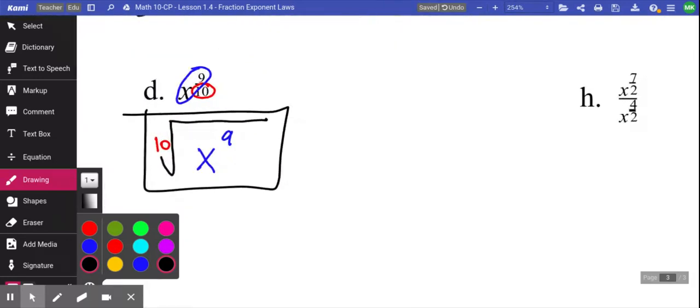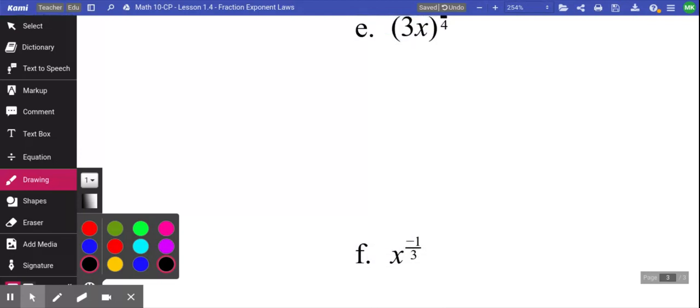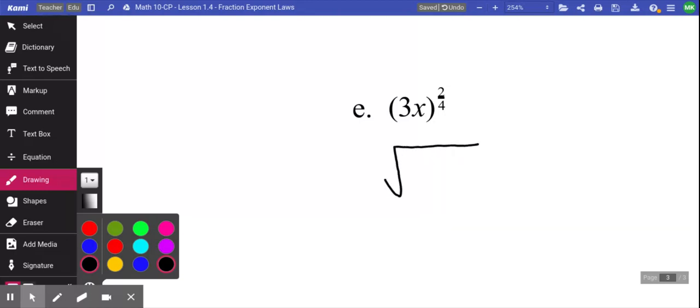If we look up here at E, this is when it starts to get pretty tricky. So I'm looking at that thing. The entire power now has a fraction exponent. So that means this entire thing is going to go under the root sign. The 4 becomes the index. The rest of this stays here.